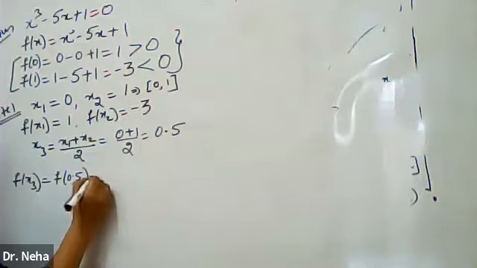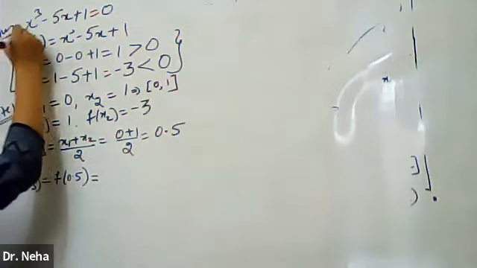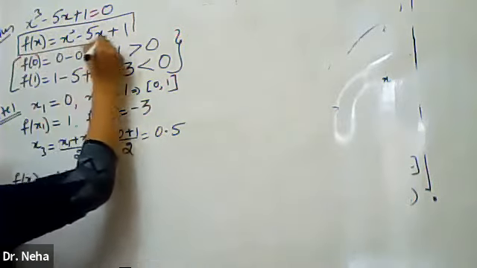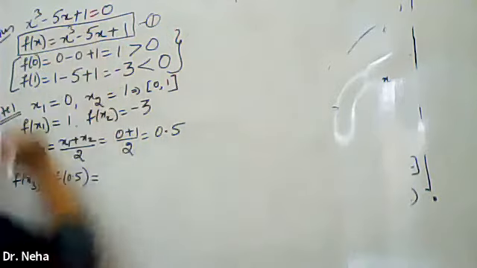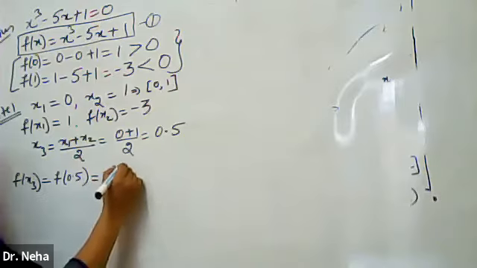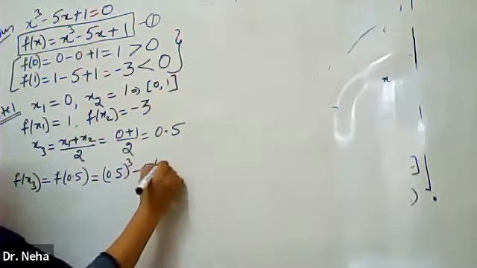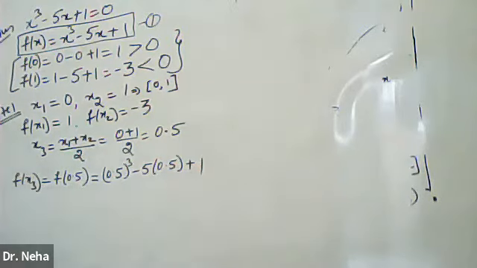Clear? Now how to find f(0.5) from this fx? Highlight this and you can mark it as equation number 1. From equation number 1, it was x cube. Put x equal to 0.5 over here. So 0.5 cube minus 5 into 0.5 plus 1. One more thing, for this unit, you need scientific calculators.